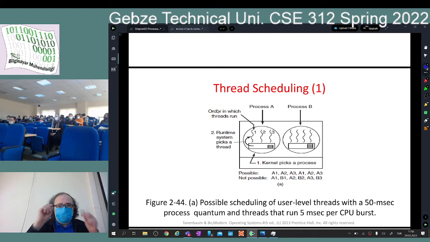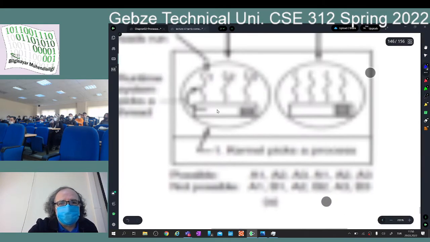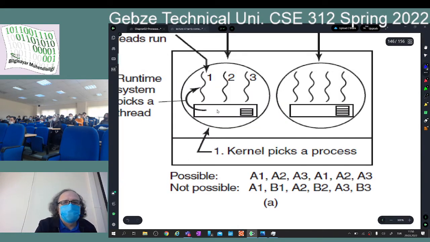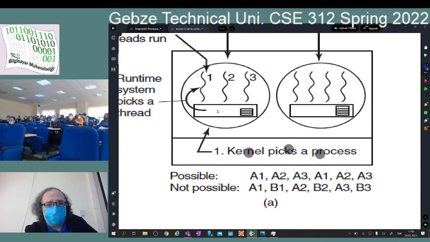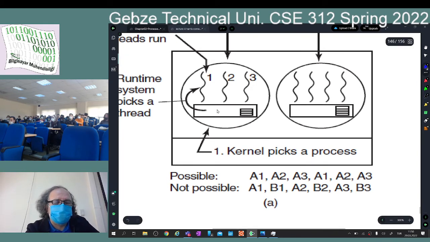Remember, let's say I have implemented my threads in the user space. Kernel doesn't know what's happening inside the process. Kernel thinks that there is only one thread available for this process and for this process, but in fact there are 3 threads happening here and 4 threads happening there.